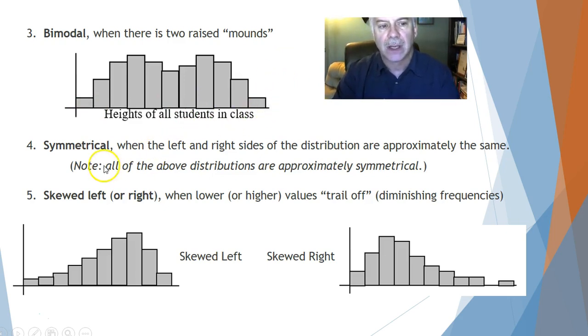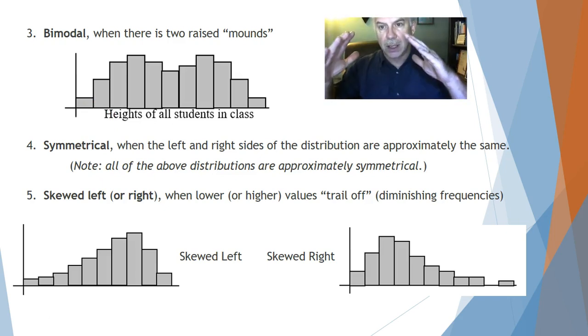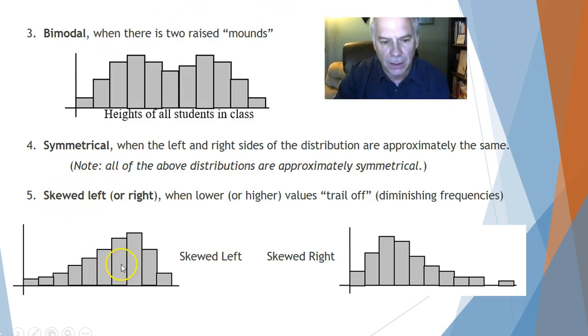Now, symmetrical means that the left and the right sides of the distribution look the same. All of the distributions that we've looked at already, the uniform distribution, which is straight across, the unimodal one, and the bimodal, have generally been symmetrical, the same on both sides. But a skewed distribution, like down here at the bottom, is unimodal.